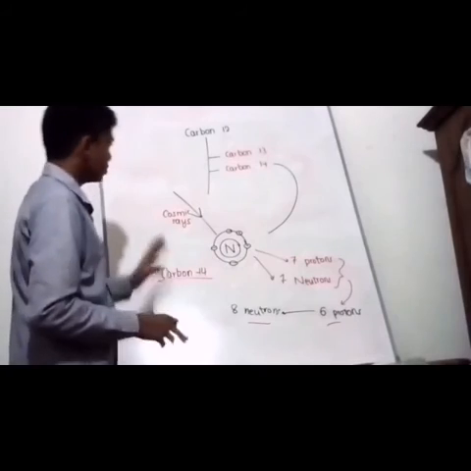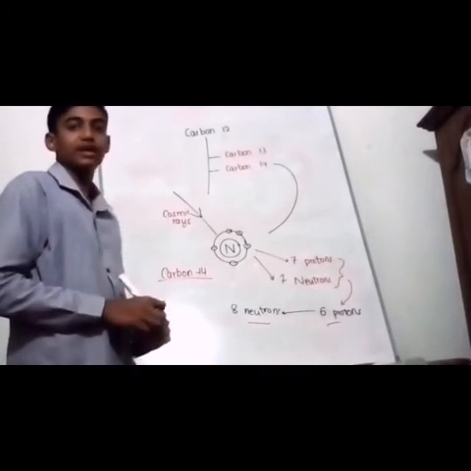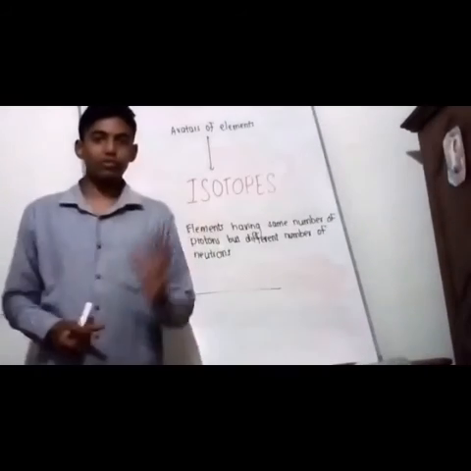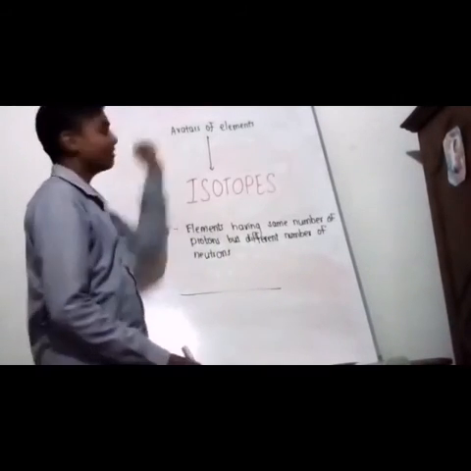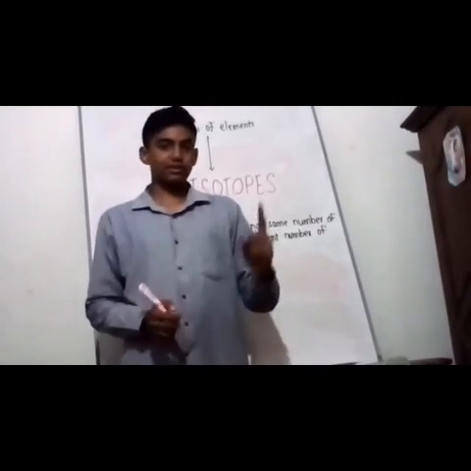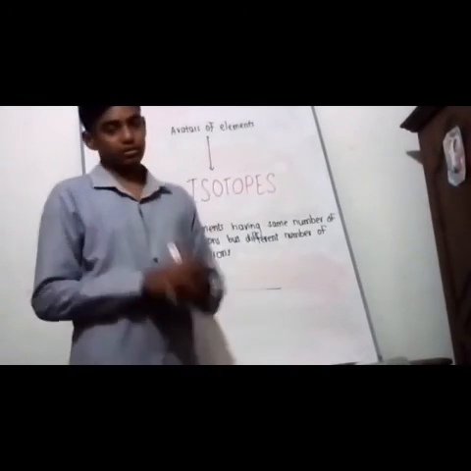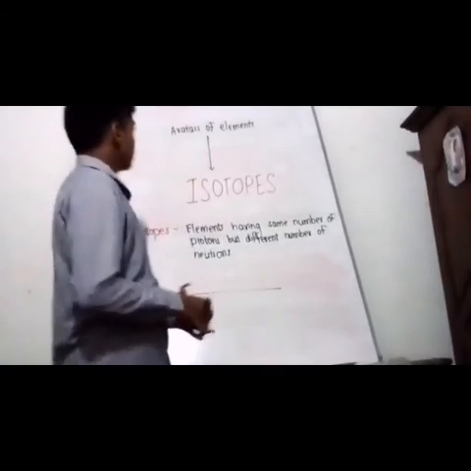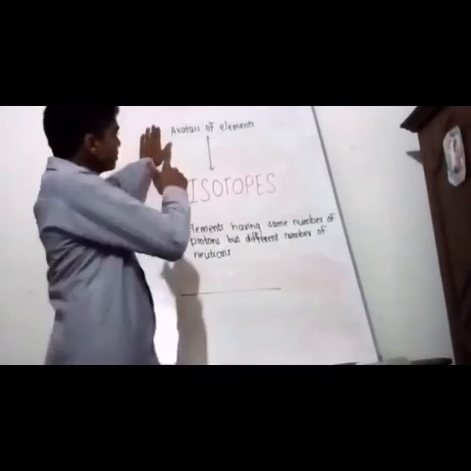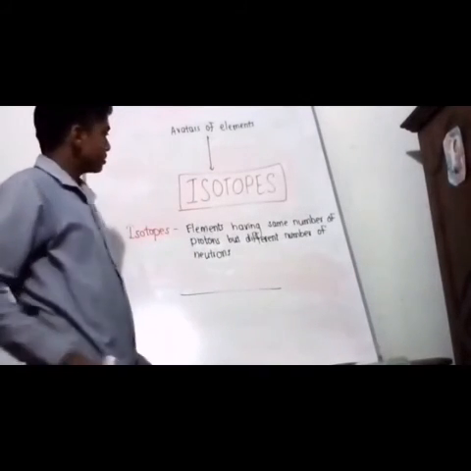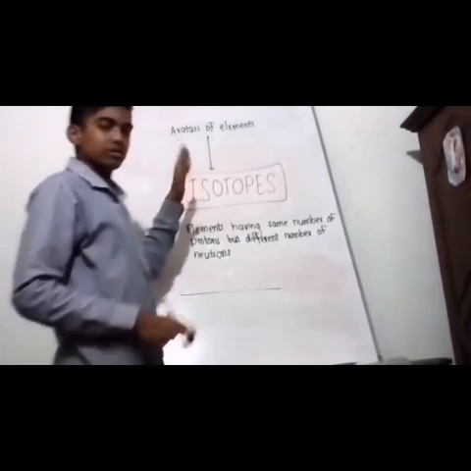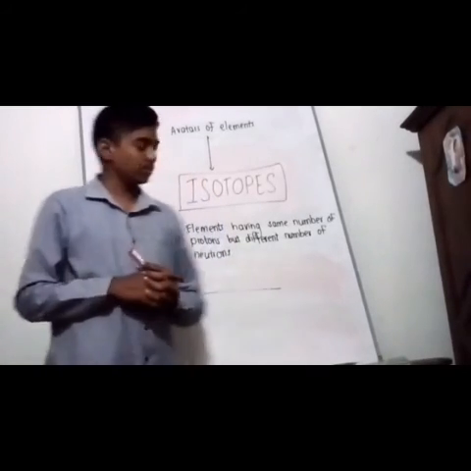So now we know the two types of avatars of elements. Now let's learn the technical name for these avatars of elements. This term is very important. It will be coming in your term exams and other exams as well. The technical name for these avatars of elements is isotopes. So you must remember this term very carefully.